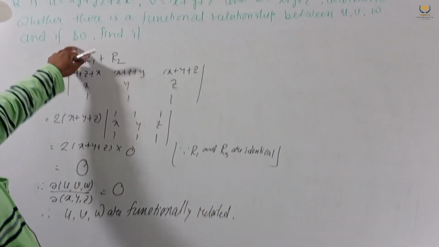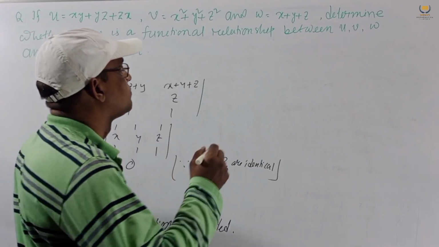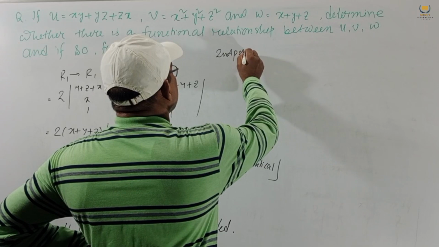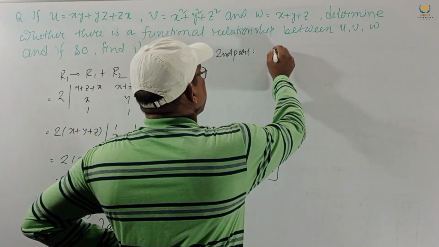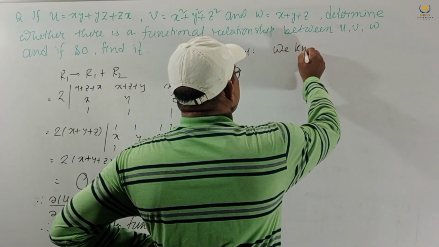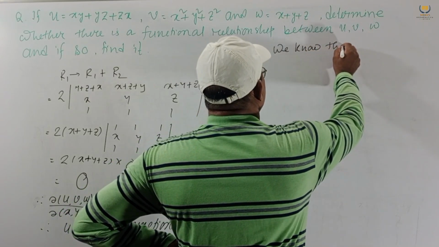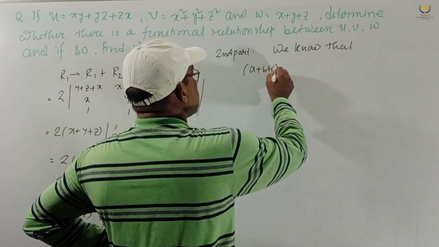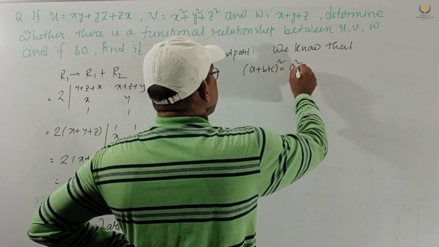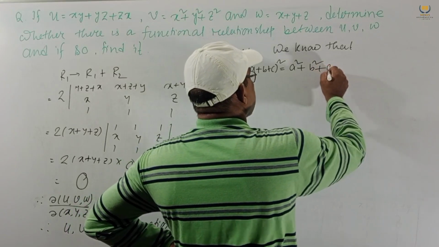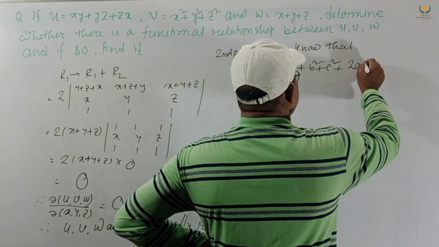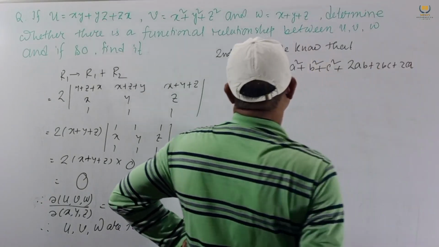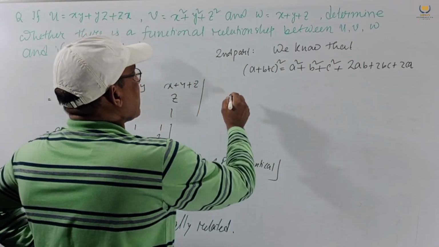The last part is given: if so, find it. Now we consider the second part. We know the formula: a plus b plus c whole square equals a square plus b square plus c square plus 2ab plus 2bc plus 2ca.